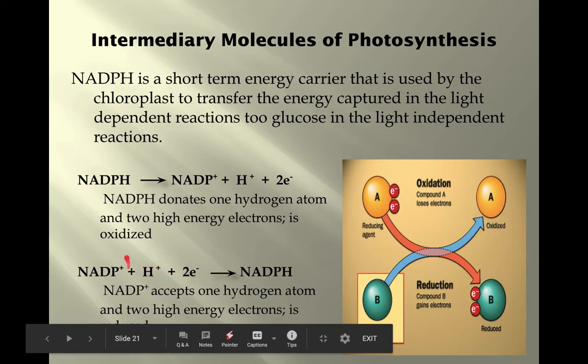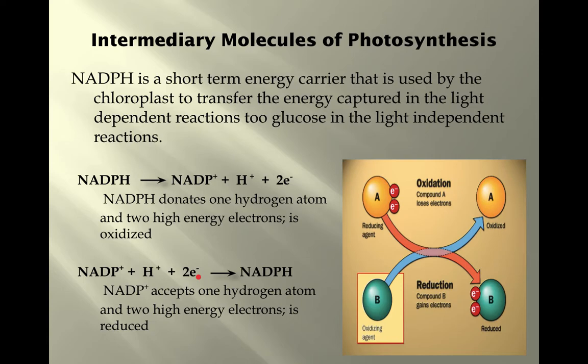Notice that NADP plus is a 1 plus ion, and a hydrogen ion is a 1 plus, so we have 2 pluses. NADPH does not have a charge, so here are the 2 minuses, which balance out the charge. That's why the hydrogen ion is needed: to balance out the charge and to hold those electrons.